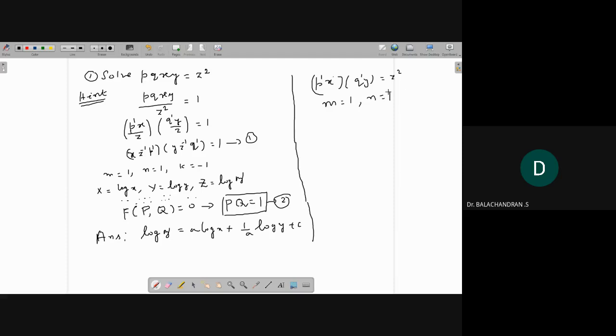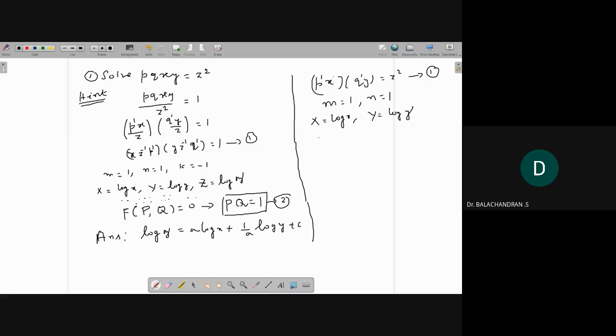And z is on the other side, so z is not with p and q, so you can't find the value of k. Now capital X is equal to log x, capital Y equal to log y.